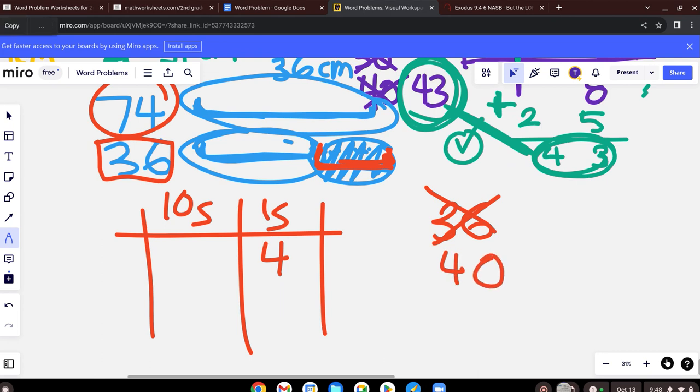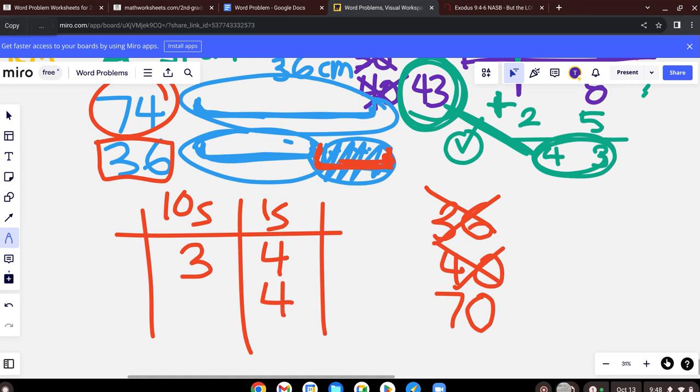Now count by 10. How many more 10s? 3 more 10s. If you're at 40 and you count 3 more 10s, what do you get to? 70. Only 4 more ones.